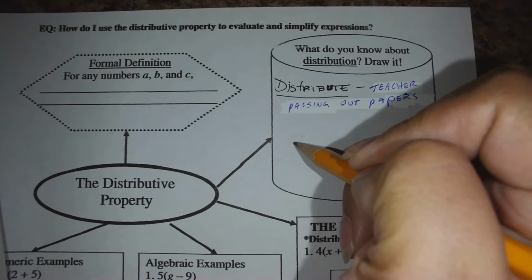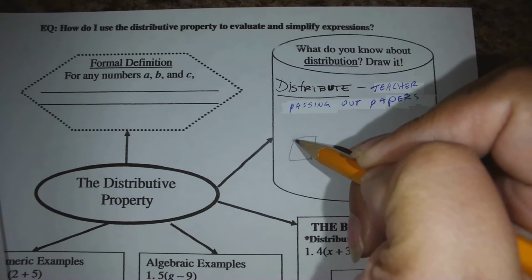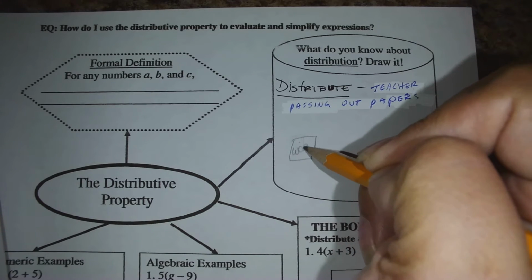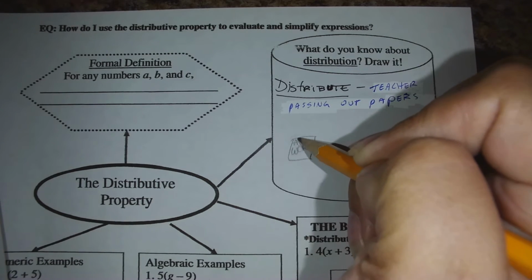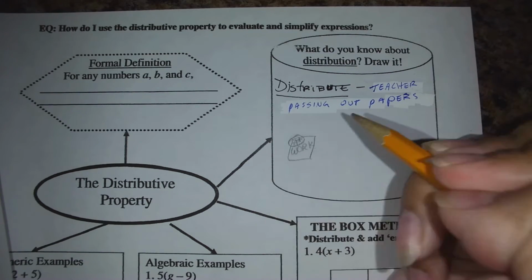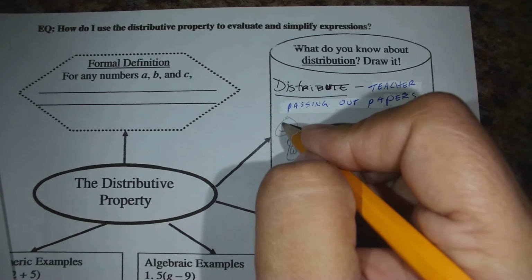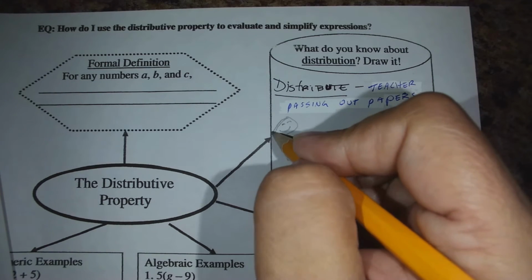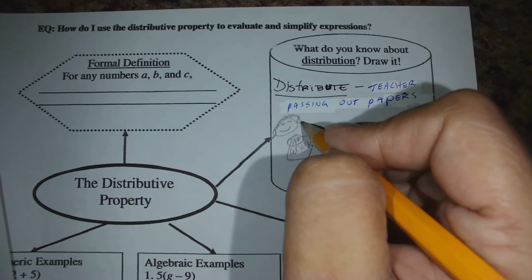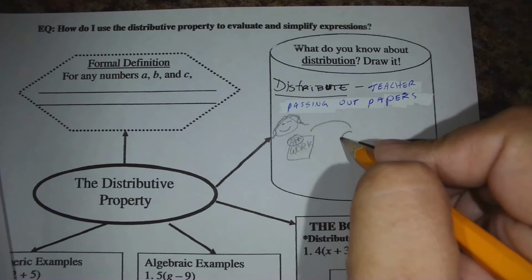So, for me, I'm going to put work right here. And I know everybody's going to get an A+, so I'm going to put right here A+. And circle it. And then me, my smiling face, passing out the papers to every student.